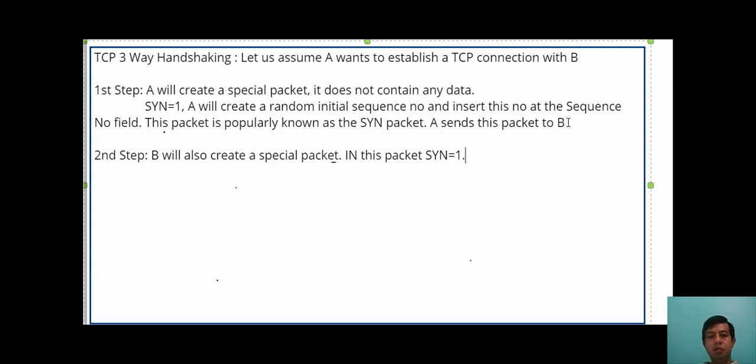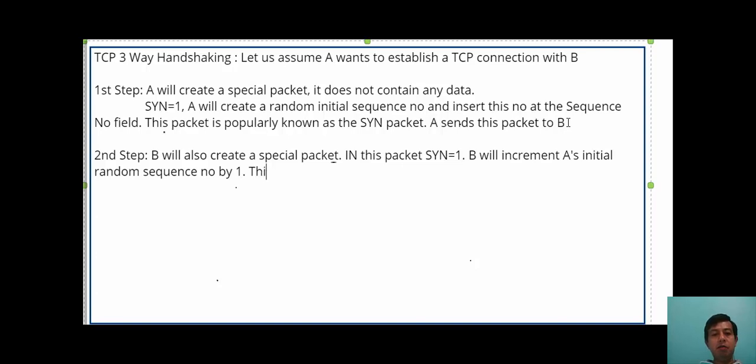Next, B will increment A's initial random sequence number by 1. Clear? B will increment the value it has received in the sequence number field from A. So if A has sent a value of say 4500, it will increment it by 1. It will be 4501 now.